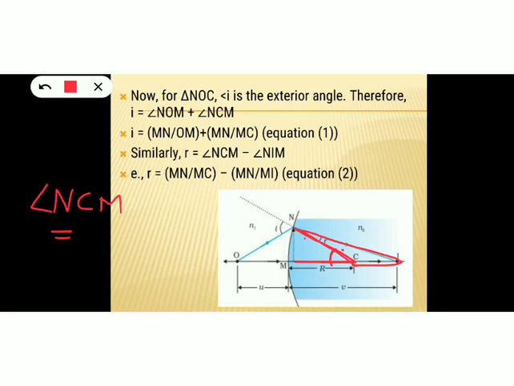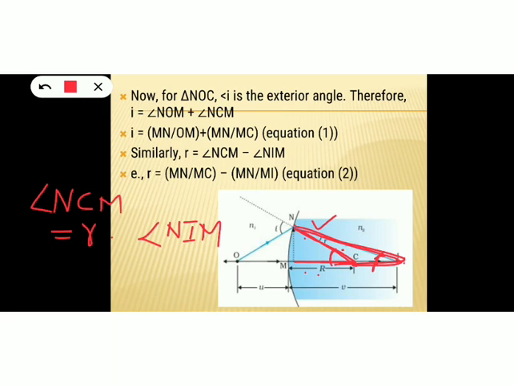So as per geometry, that exterior angle will be equal to the sum of two interior angles. So for this triangle NIC, R is one interior angle and this is another interior angle. And which is that interior angle? It is NIM. Isn't it? This angle is NIM. Okay. So which are the two interior angles? R and angle NIM.